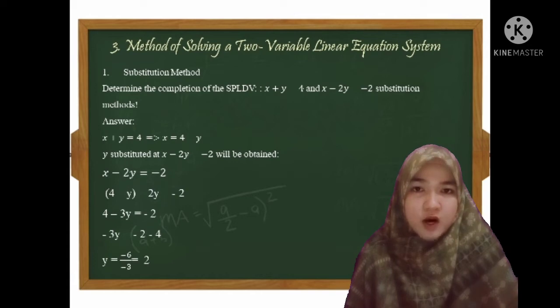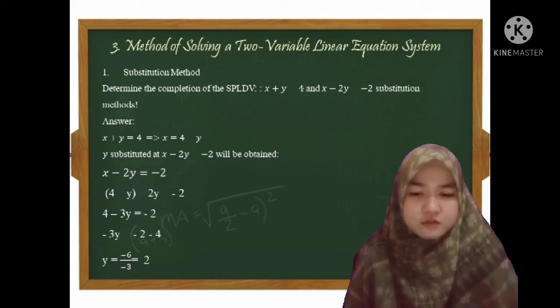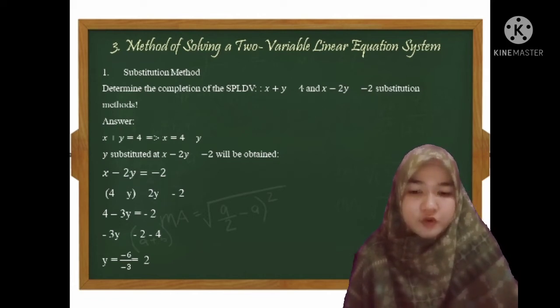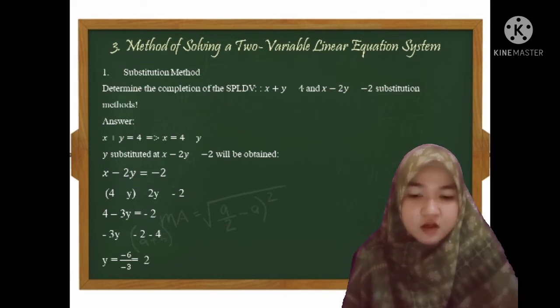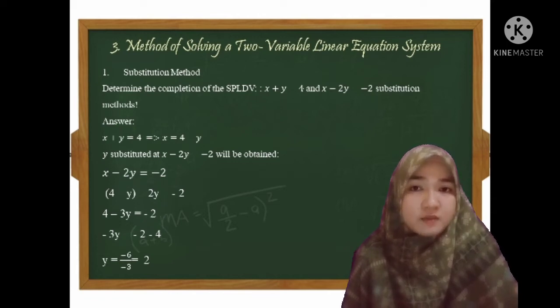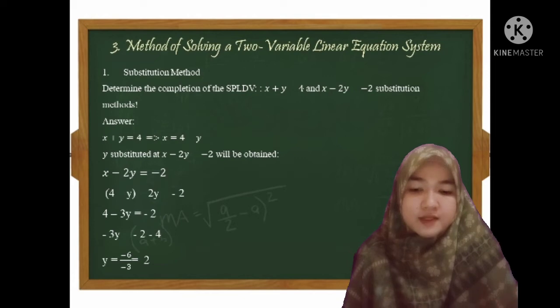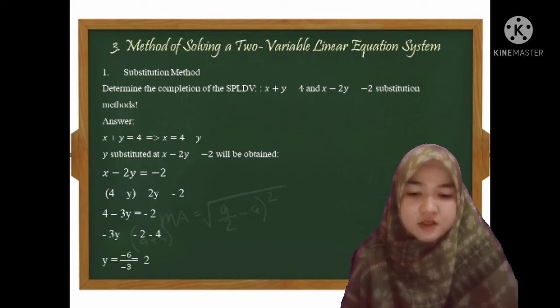So 4 minus 3y equals minus 2, becoming minus 3y equals minus 2 minus 4, so y equals minus 6 over minus 3 equals 2.